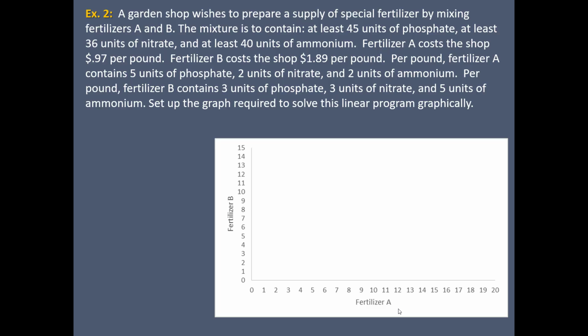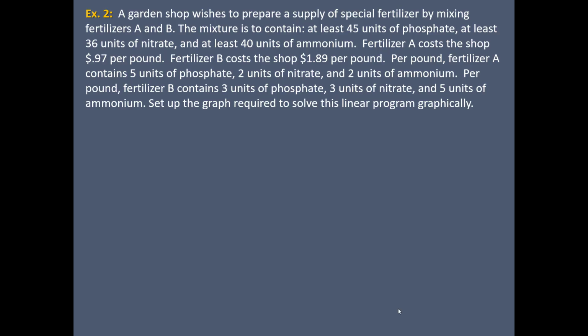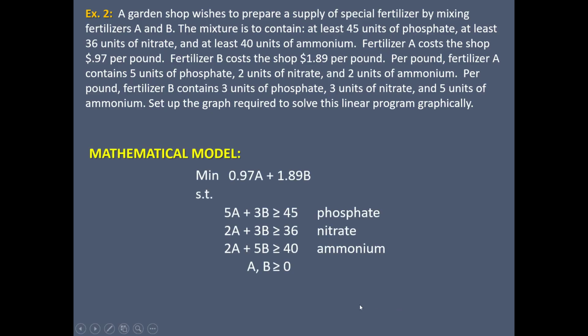So what we've seen already, as we go to set up the initial graph, is that really all we're trying to get on here is the graphical representation of the constraints. If I look back at my constraints, we had the phosphate, the nitrate, and the ammonium constraint, and in this case they all had to be greater than or equal to.